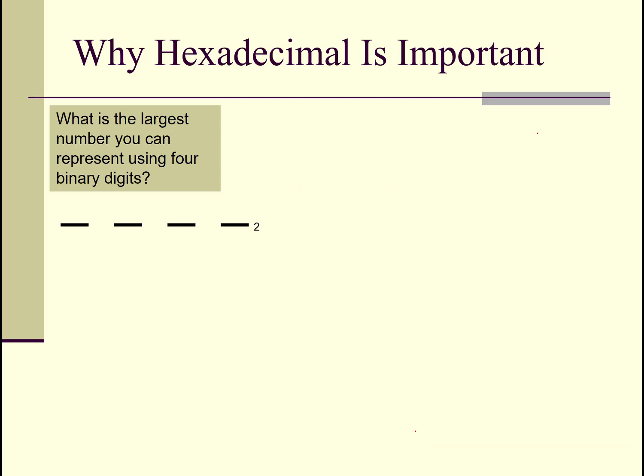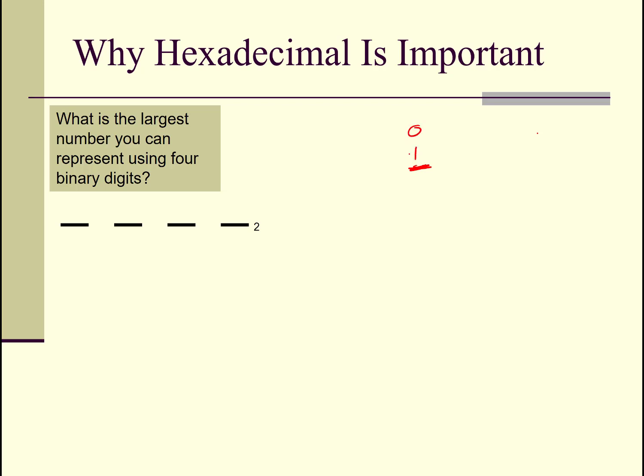Okay, so what is the largest number you can represent using 4 binary digits? Okay, so for each binary digit, let's say I have only one digit. In one digit I can put either 0 or 1, right?